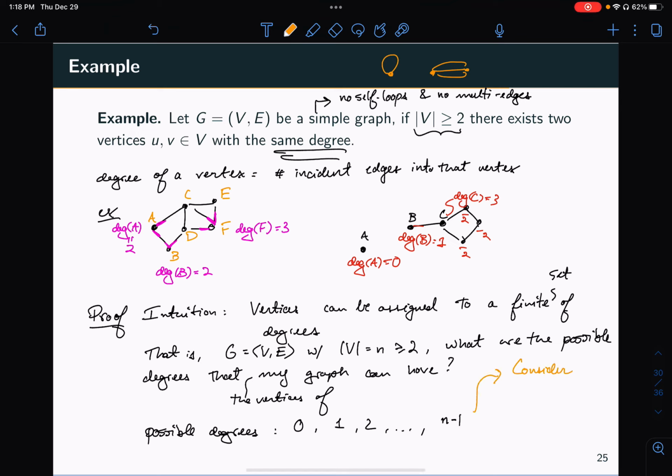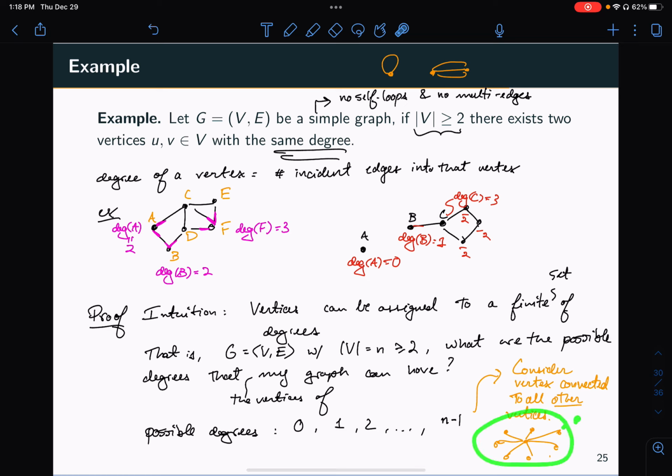Well, consider the vertex connected to all other vertices. Suppose you have n vertices, and you have one vertex that's connected to all of them. Well, it's going to be connected to how many vertices?